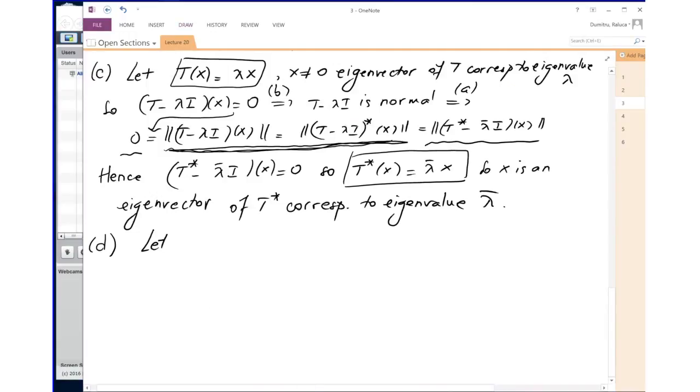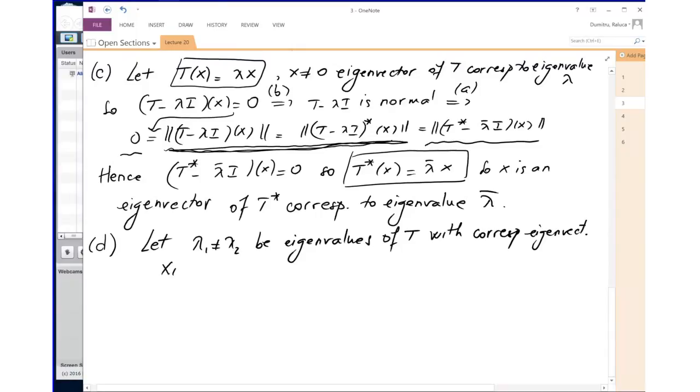So let lambda 1 and lambda 2 be distinct eigenvalues of T with corresponding eigenvectors x1 and x2 respectively. So T of x1 is lambda 1 x1. T of x2 is lambda 2 x2.